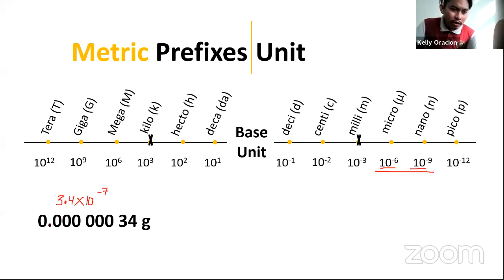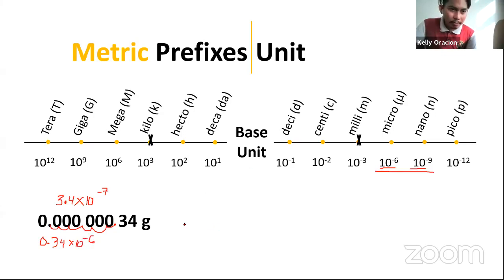So, gagawa tayo dito ng ano, let's count. 6 muna tayo, sa negative 6 muna tayo start. 1, 2, 3, 4, 5, 6. Dito, yung decimal. So, ang mangyayari ay magiging 0.34 times 10 raised to negative 6.